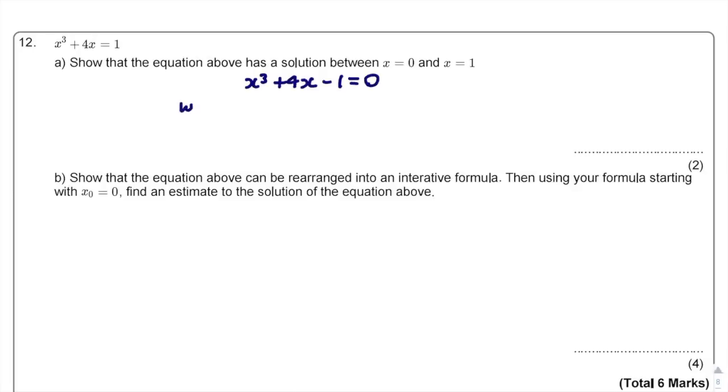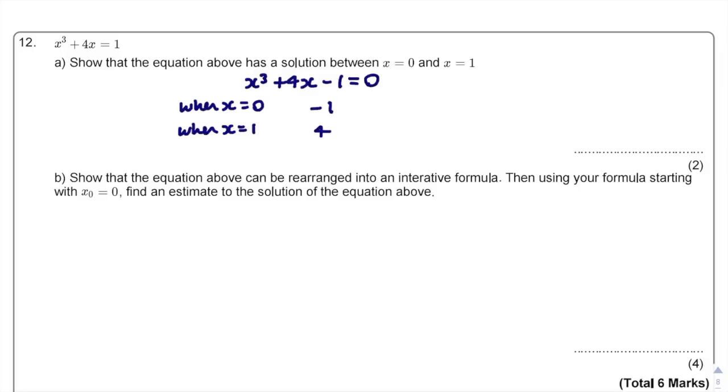So if we substitute x equals 0, that's easy, we're just going to get minus 1. But when x is 1, we're going to get 1 cubed plus 4 times 1 is 5, 5 minus 1 is 4.